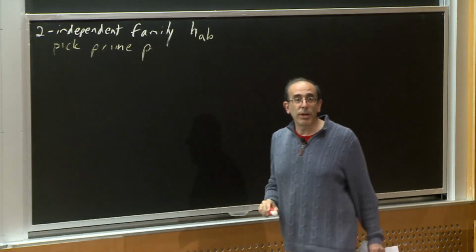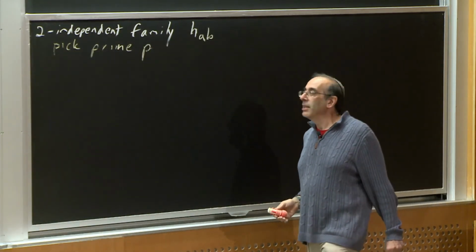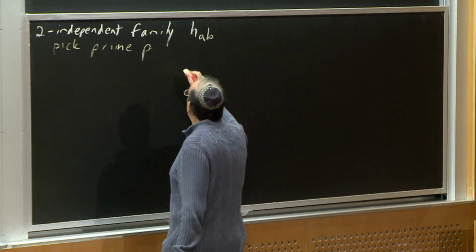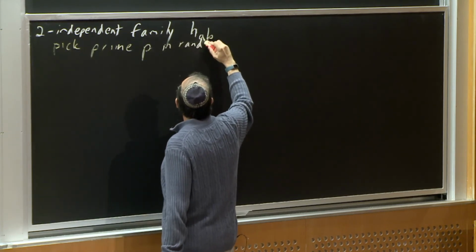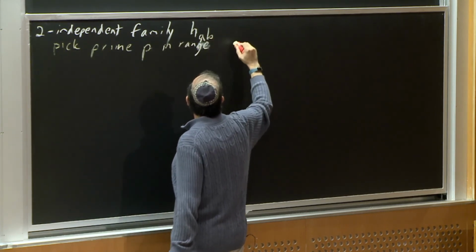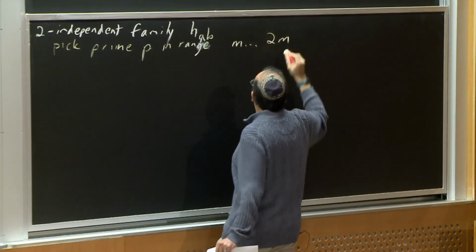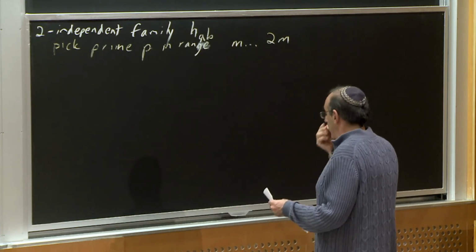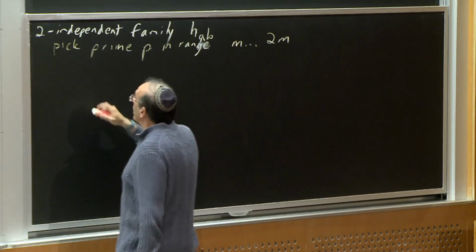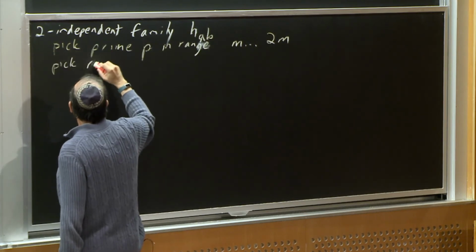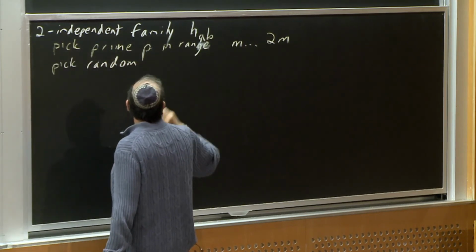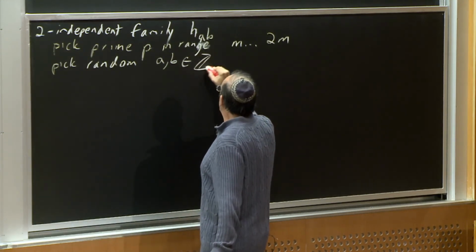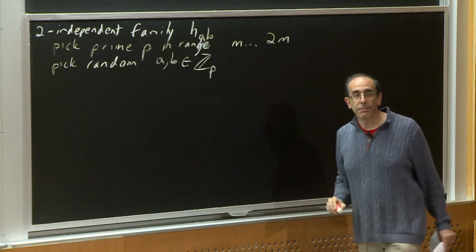This is the only bit of number theory that's going to show up in this class. You can also use a prime power, but we're going to use a prime p, which is in the range from m to 2m. And we'll fill in why we want it to be that way later on. Now, we will pick a random pair of numbers, a and b, from the numbers mod p.